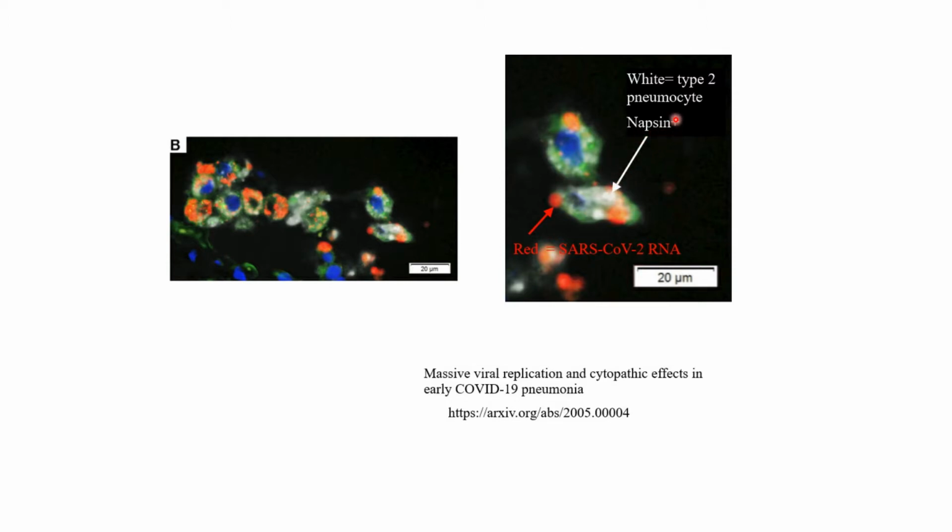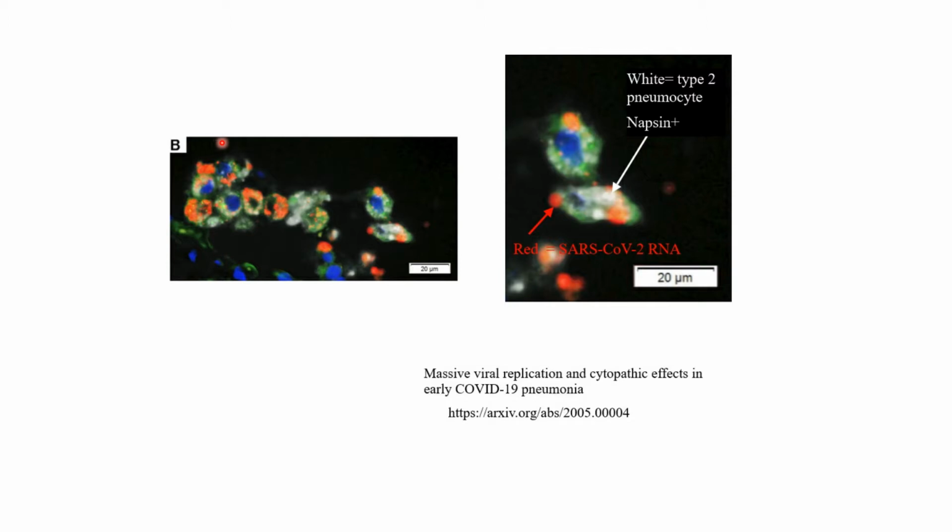Napsin is a molecule found in type 2 pneumocytes, so white fluorescence designates this cell as a type 2 pneumocyte. The red is SARS-CoV-2 RNA. Again, the experiment is set up so that SARS-CoV-2 RNA will fluoresce red.